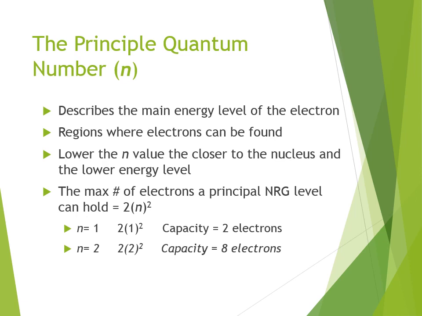The principal quantum number, represented by the letter n, is those energy levels we just saw, those orbits, those rings around the atom on which the electrons are present. So it is the main energy level of the electron. They're regions where electrons can be found. The lower that n value, the closer to the nucleus and the lower the energy level.